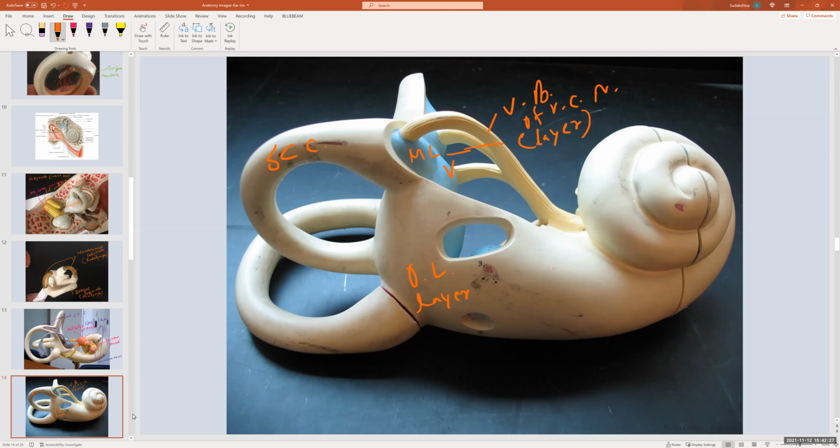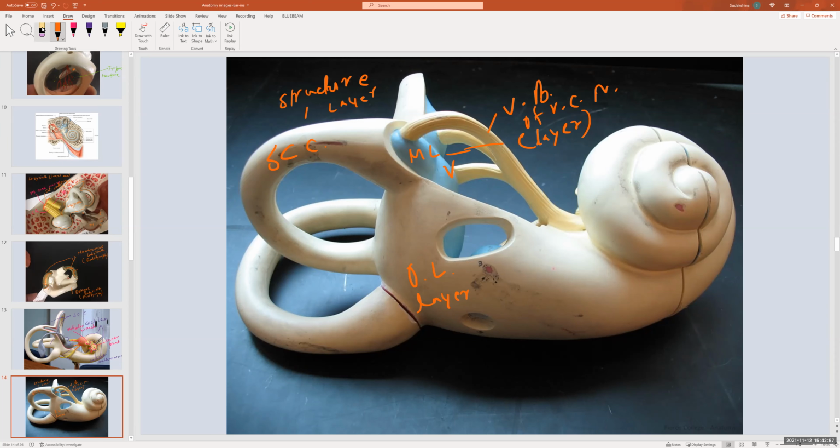If there are multiple names possible for one structure, then I'll specify further whether it is a space, a structure, or a layer. For example, if I'm saying name these structures, you'll say that these are semicircular canals of the vestibular complex. If I say name this layer, you'll say osseous labyrinth.